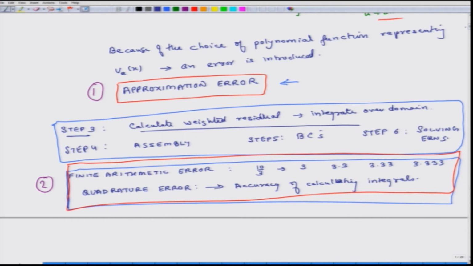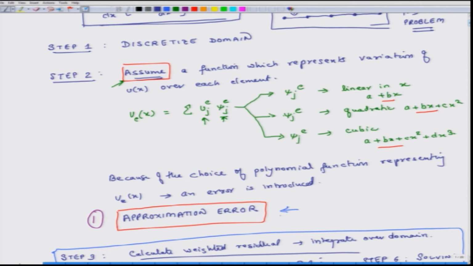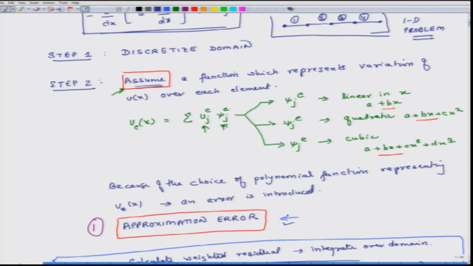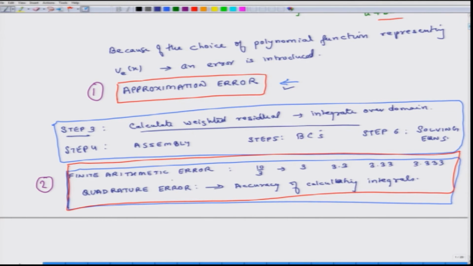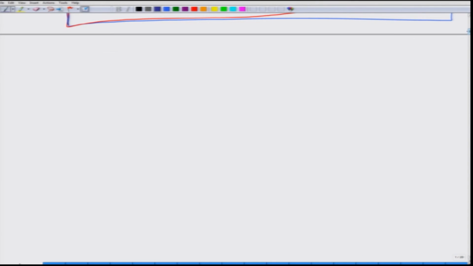But in 2-dimensional and 3-dimensional problems, we have a third type of error which comes into picture. So, let us see this. In 2-dimensional and 3-dimensional problems, we still have approximation error and we still have computational errors like finite arithmetic and quadrature errors. These two errors are there in 2D and 3D problems also, but we have an additional error in 2D and 3D problems.